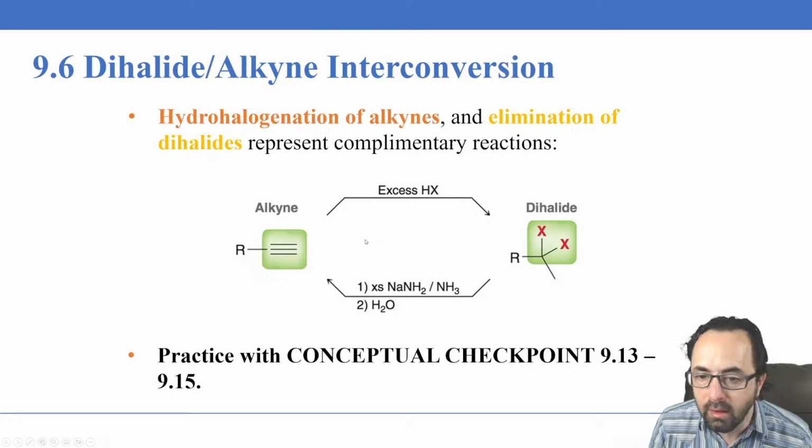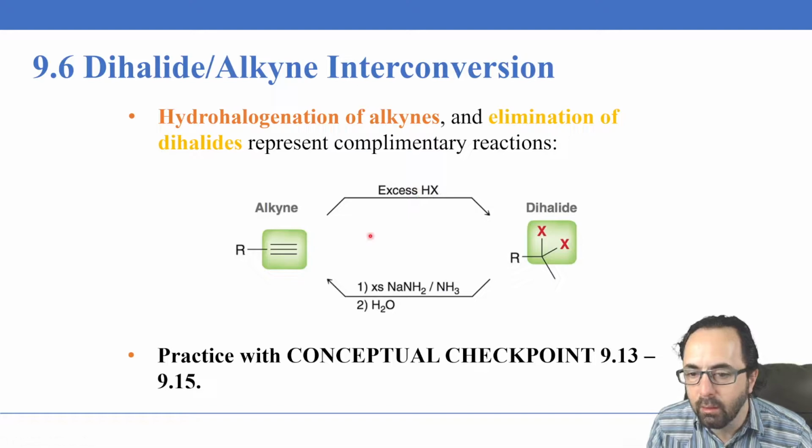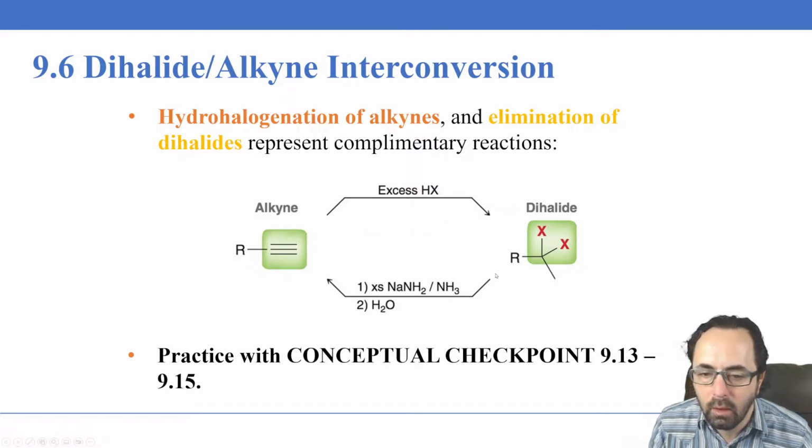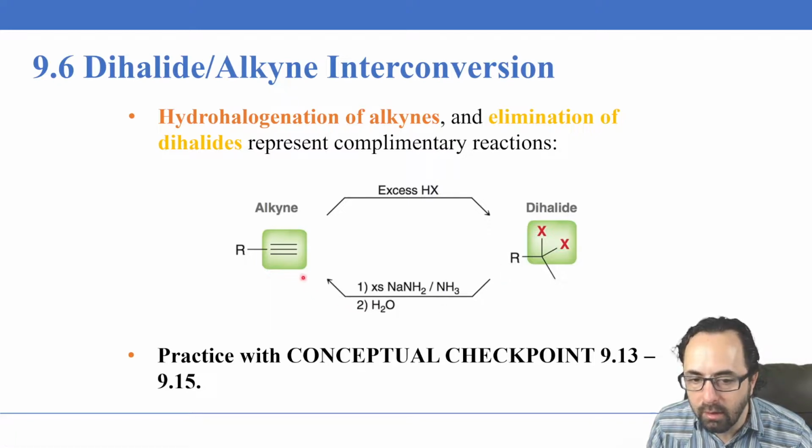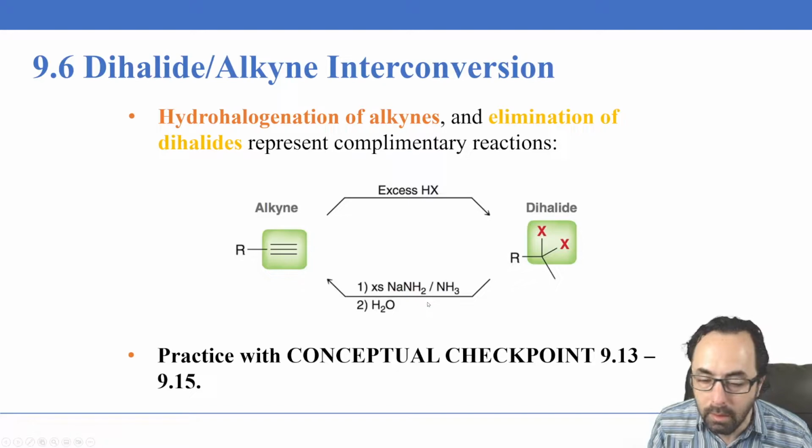And then one thing to consider as well is that if we use excess of the hydrohalide, we will get a double addition, and end up with a dihalide. And of course, we can undo that as we discussed before with our elimination. Again, with the elimination, we need to make sure to use a very strong base, such as sodium amide, the sodium ion being a spectator, the amide ion being the base.